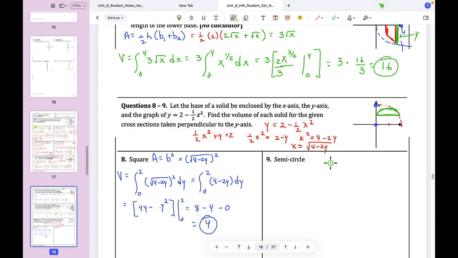The area of a semicircle is 1/2 pi r squared. So we have to figure out what r is.